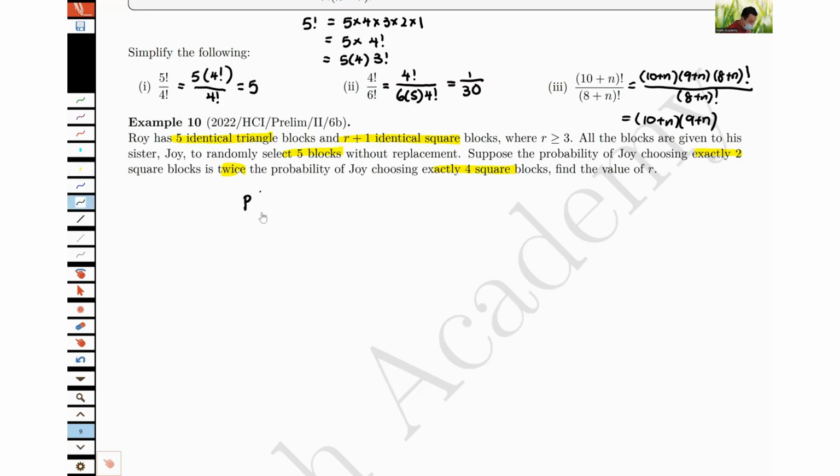We form the equation first. Probability of exactly 2 squares is twice the probability of exactly 4 squares.